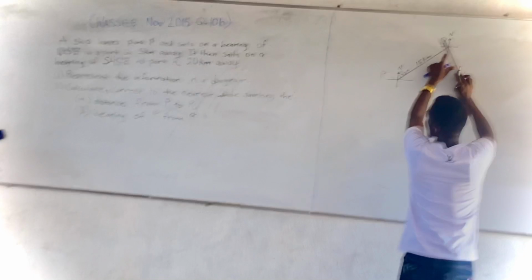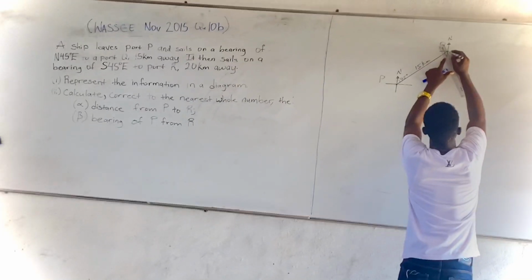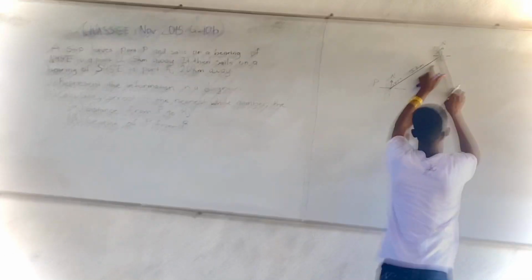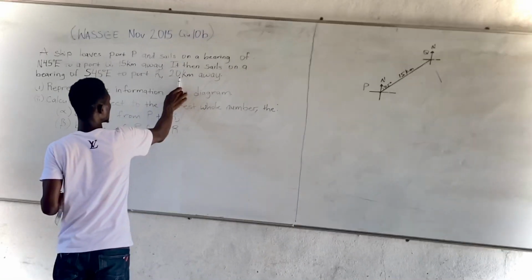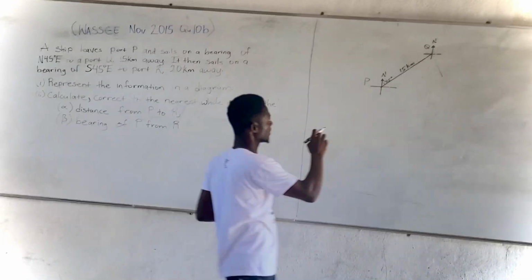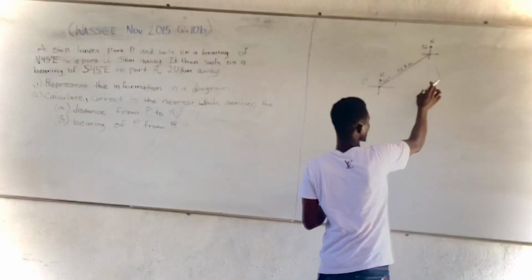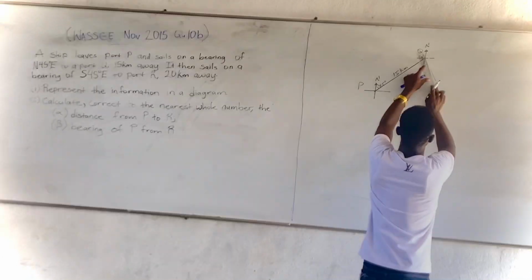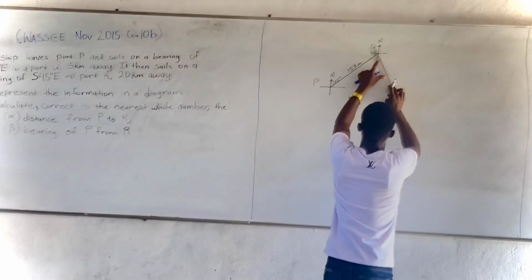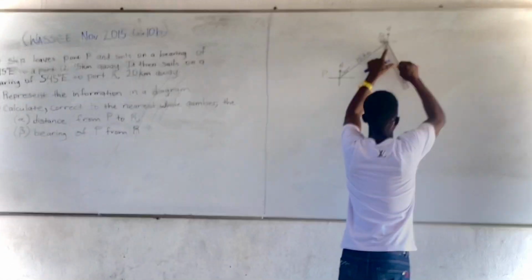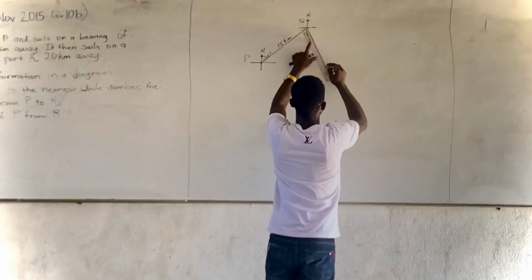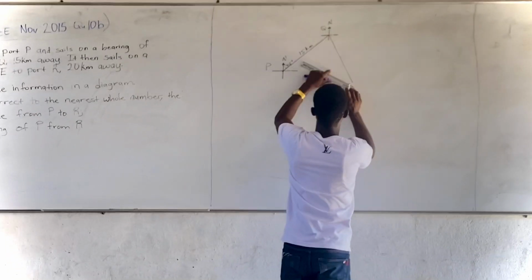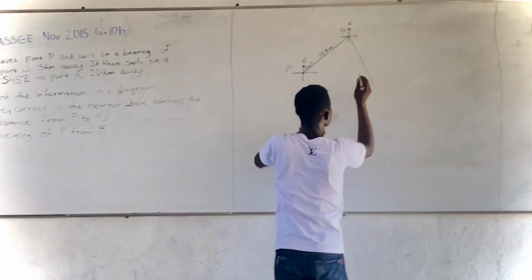So again, please note that this time the distance is 20 kilometers away. So that means the line that we are about to draw should be longer than the first line. So take note of that. This is 20 kilometers.